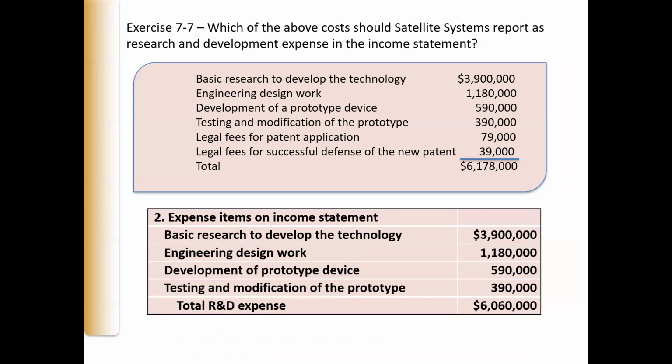The rest will be expensed on the income statement in the period in which they were incurred. The basic research to develop the technology, this is all research. Engineering design work, the development of the prototype, and the testing are all put into research and development expenses.